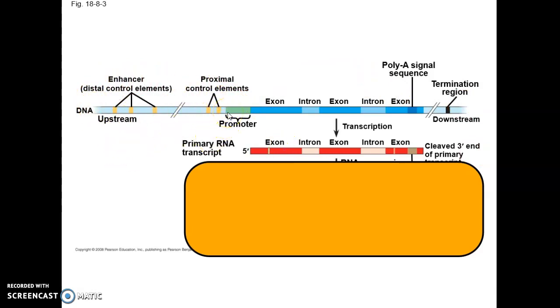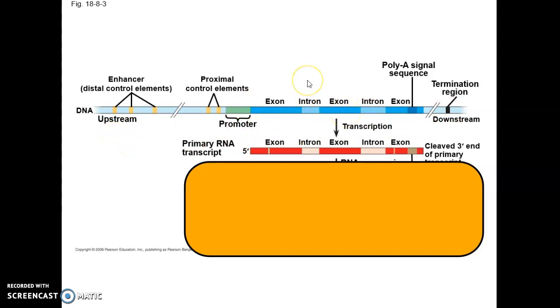These yellow dots or spots on the DNA are what we call control elements. They're just specific sequences of DNA. You can almost think of them as little mini operators like we saw in the operon system. They're just little segments of DNA that are going to play a role in the control of this particular gene.